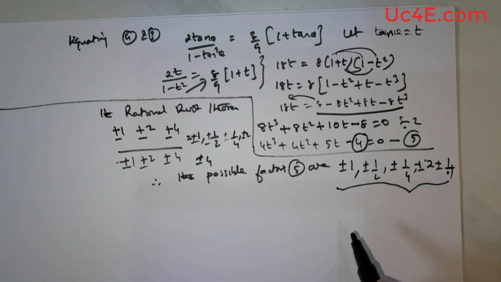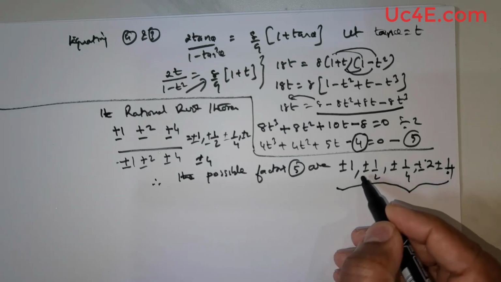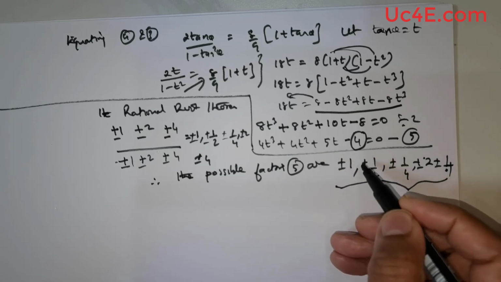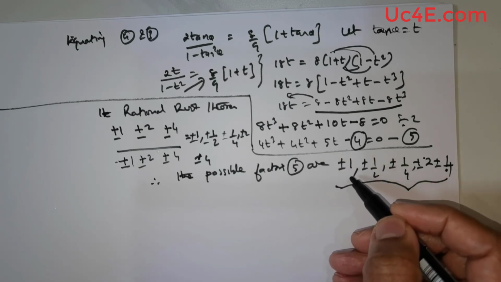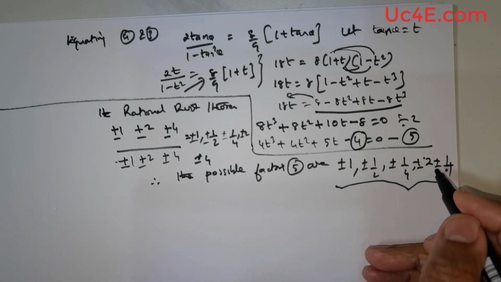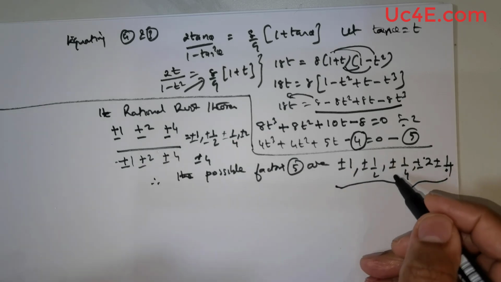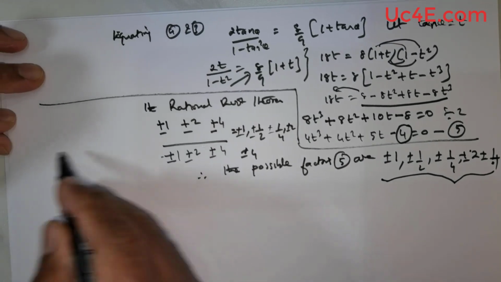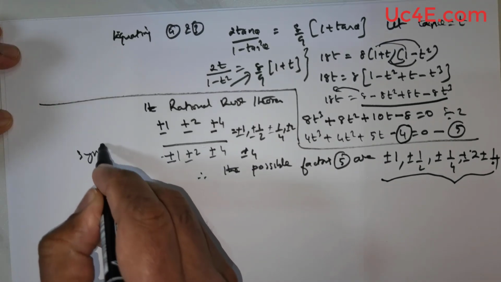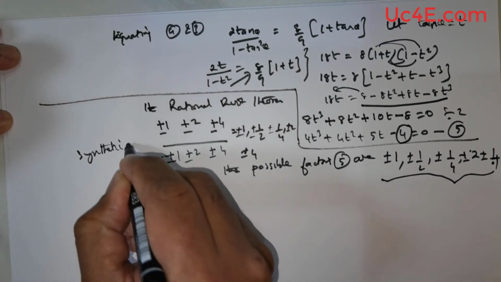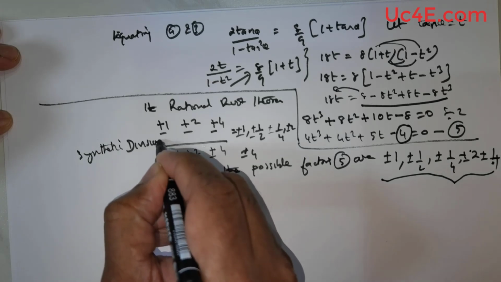So what you need to do is substitute the values and find out which is the factor. You can do that, or otherwise you can use synthetic division.